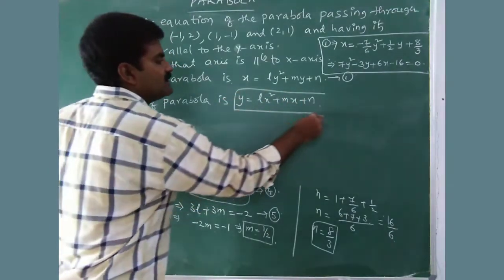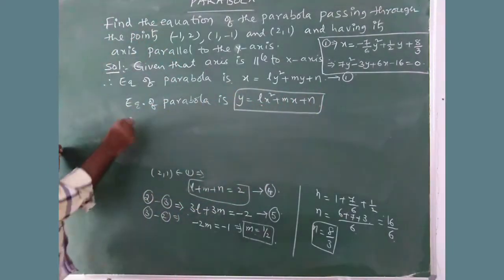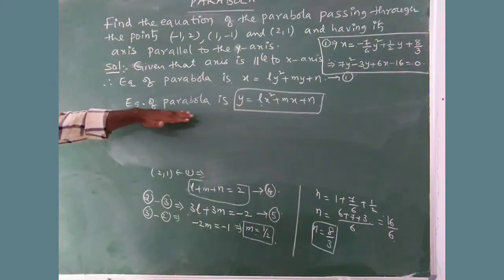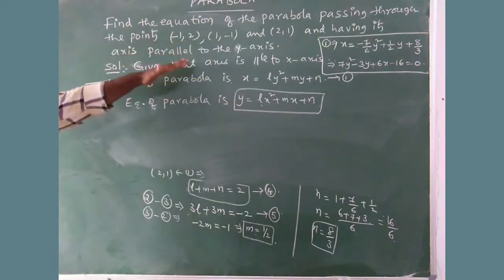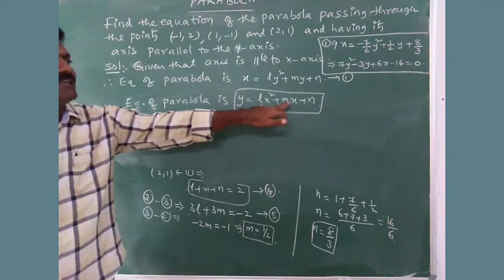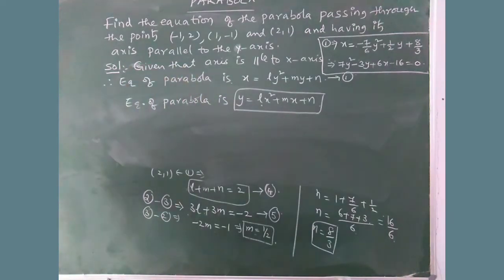If it is parallel to the x-axis, then x is equal to something. If it is parallel to the y-axis, then y is equal to something. And once again the procedure is the same. Since it is passing through the above points, you can substitute those points in this equation, solve for L, M, N, and finally substitute to get the required equation.